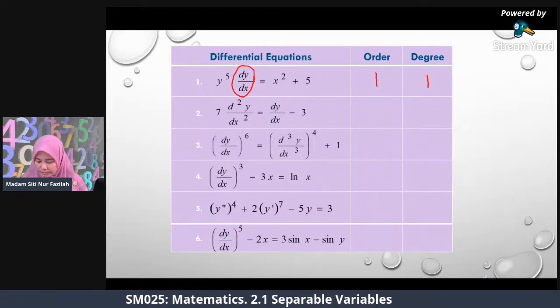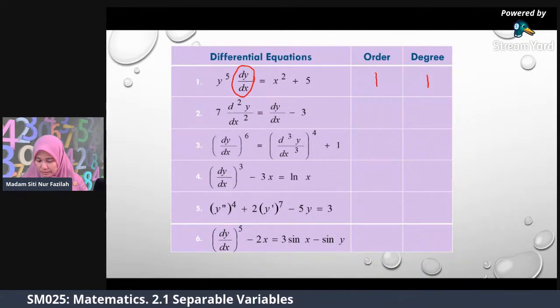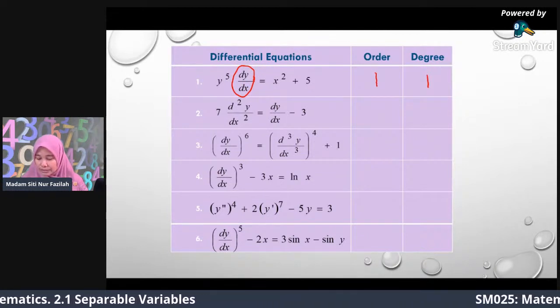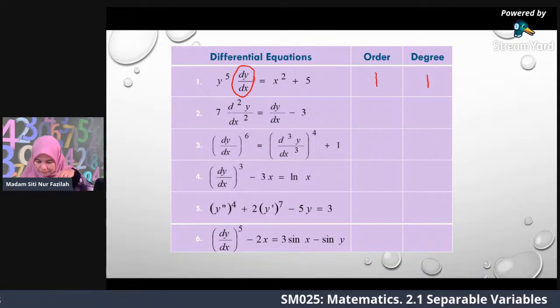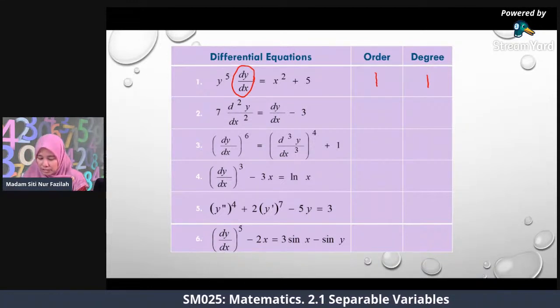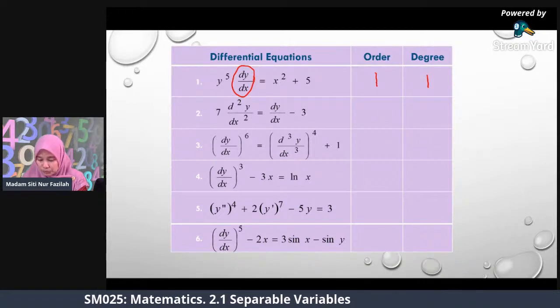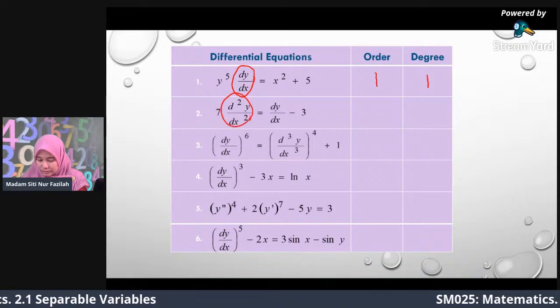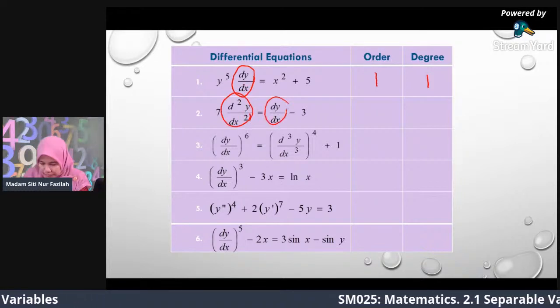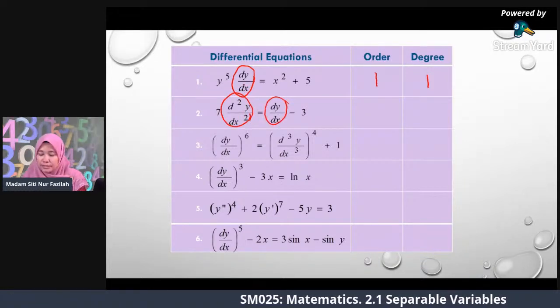Next for number 2, we have 7 d square y over dx square equal dy over dx minus 3. From this question, we have two derivatives here. First is the second derivative, another one is the first derivative.